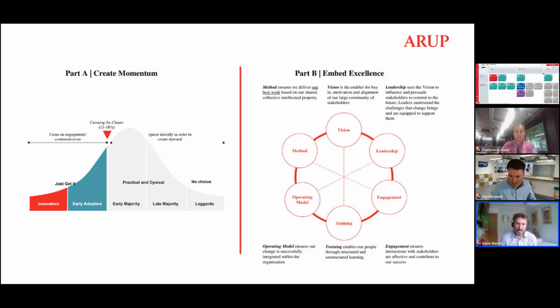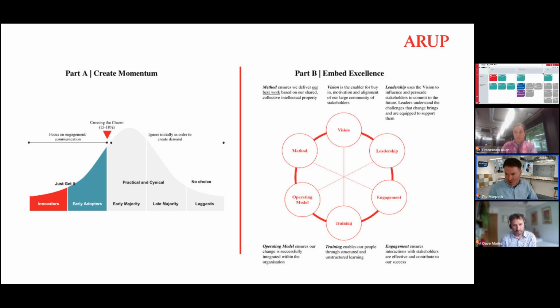And making sure that you've got all the relevant collateral in place, and in particular to talk about operating model, make sure that people from the beginning of the rollout, and that's what we're doing now, understand what the operating model is, and understand not just that this is going to iterate and improve, but how that's going to work, and for them to be invested in that process. So we want them to feel like this is a product that we all own and we're all equally responsible for improving, because this is an embodiment of our intellectual property, and you have a responsibility as an Arup person to be adding to that intellectual property and refreshing it.